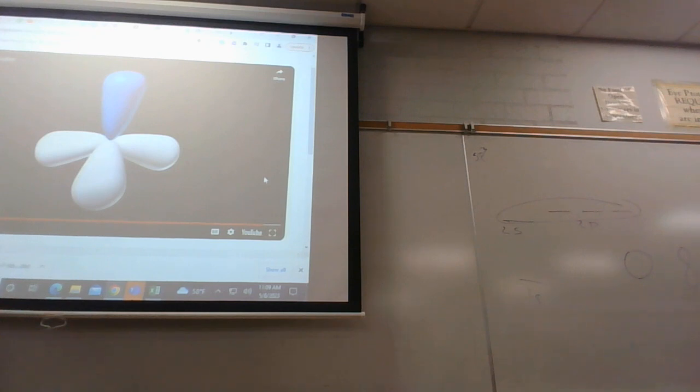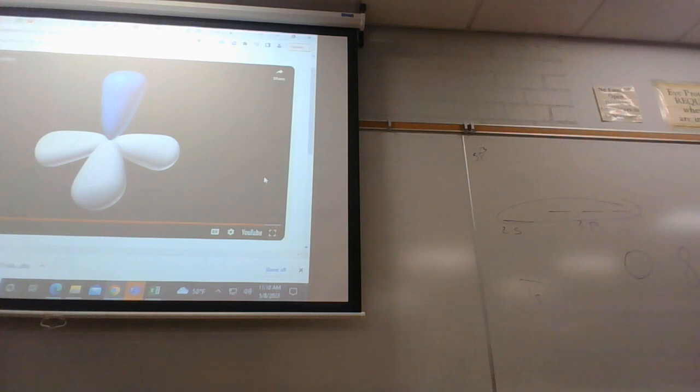But the SP orbitals here and here, those are two separate orbitals. Kind of looks like a p orbital, but a p orbital is one orbital with two lobes. The SP is just a single lobe, as I draw on it here. And you should know that.